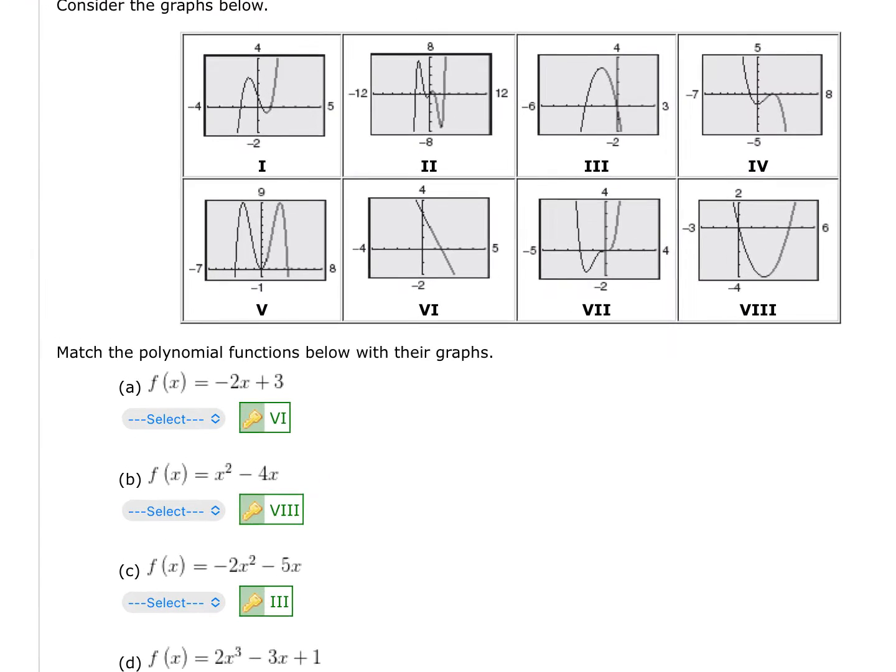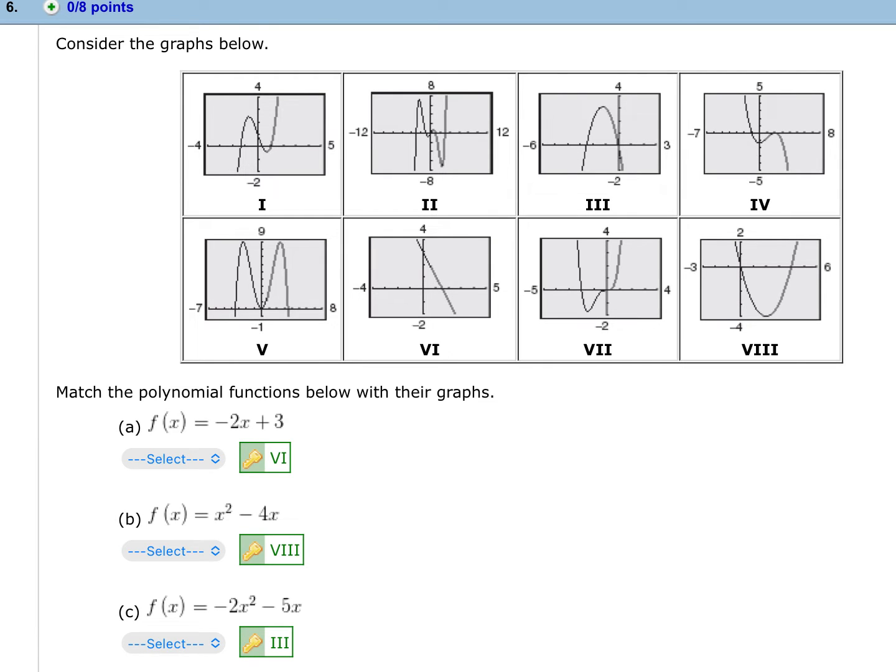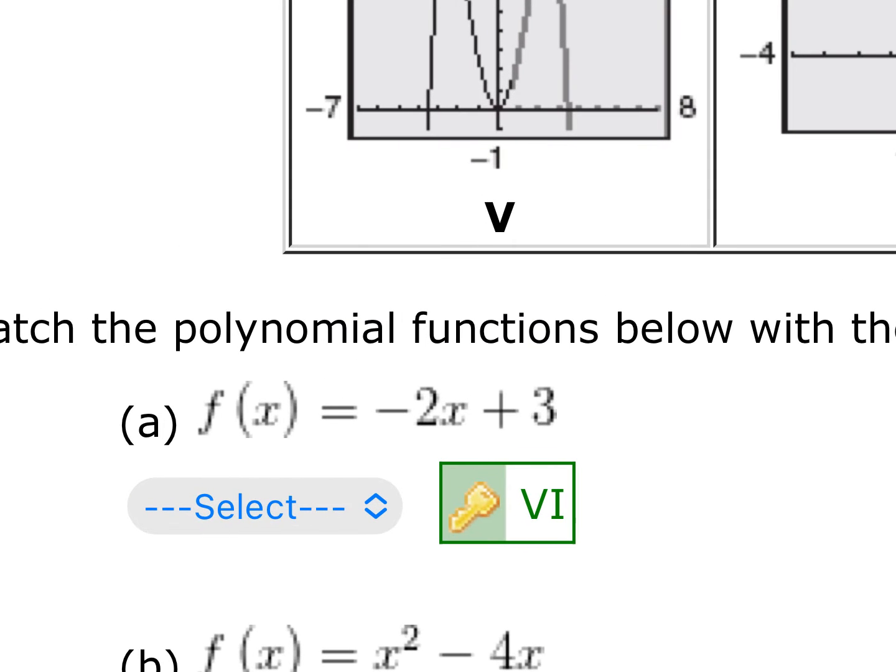So we have to match the polynomial function with their graphs. Looking at A, I have negative 2x plus 3. Which term do I look at to help me determine the end behavior? For A, I look at negative 2x because I look at the highest degree.